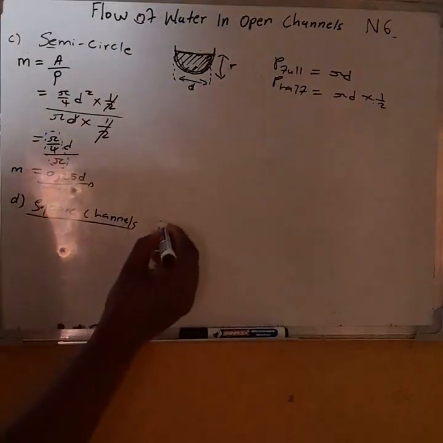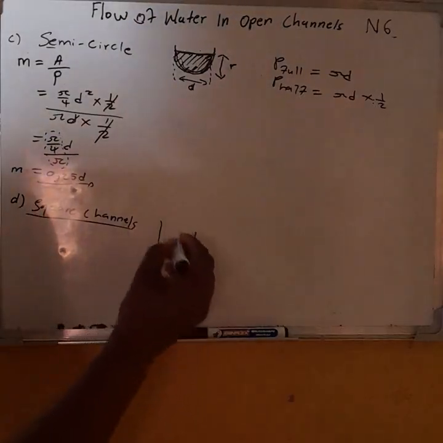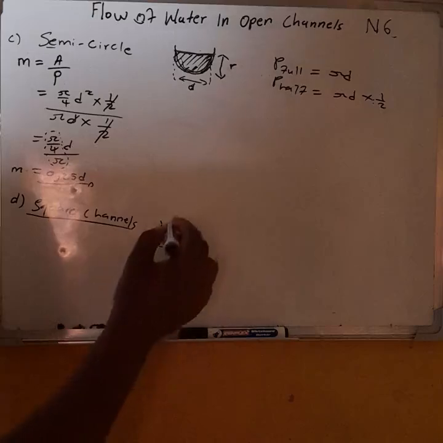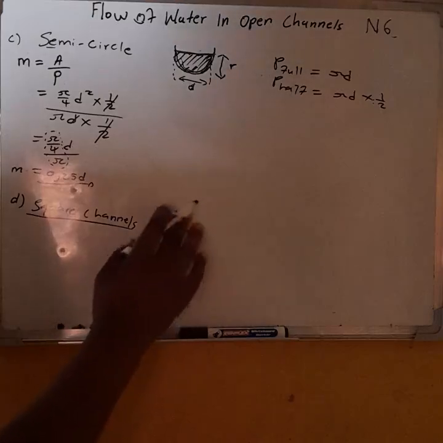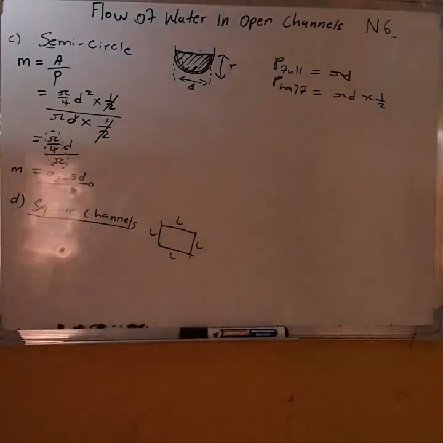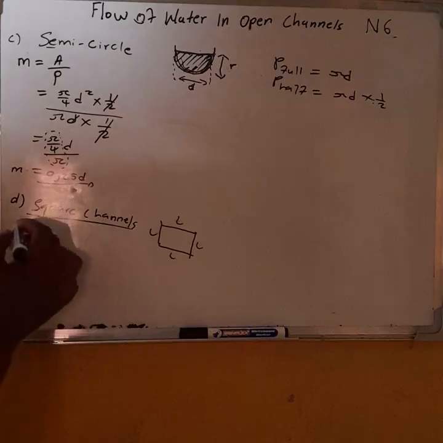Let me just write the square here. If it's L, it will be L all over: L, L, L, L. All sides are equal, right? We want M, the hydraulic mean depth.